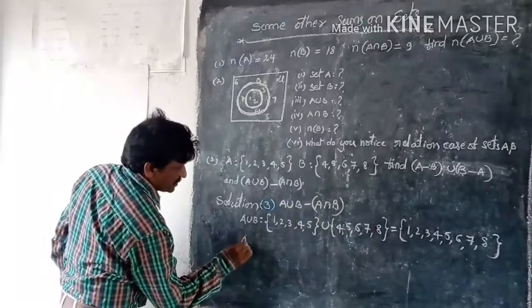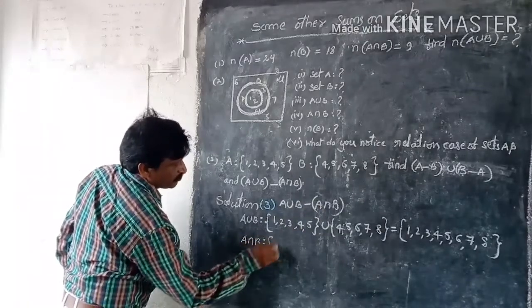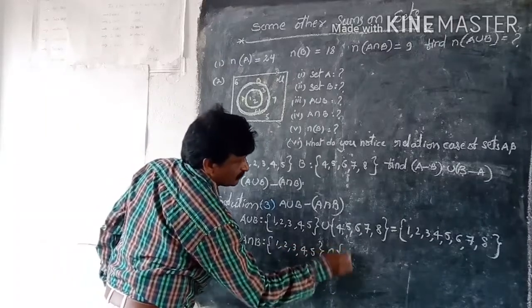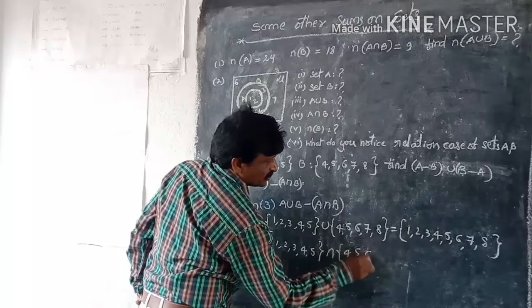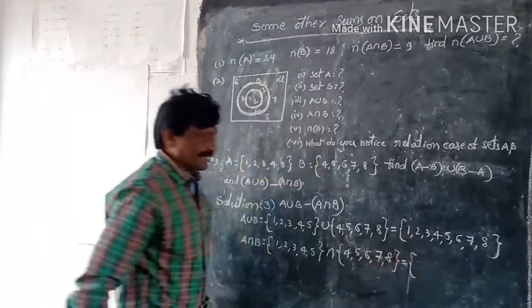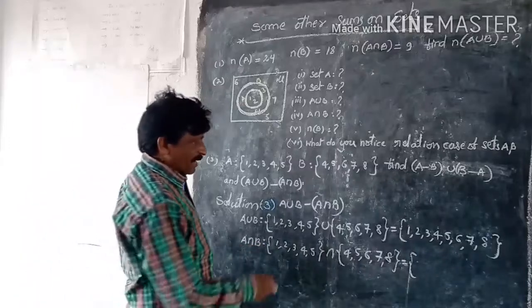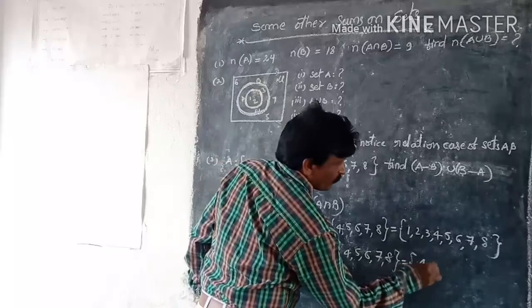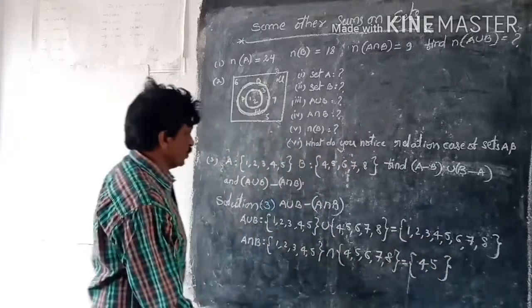Next, A intersection B: 1, 2, 3, 4, 5 intersection 4, 5, 6, 7, 8. Common elements: 4, 5.